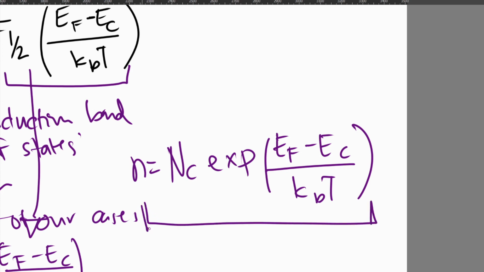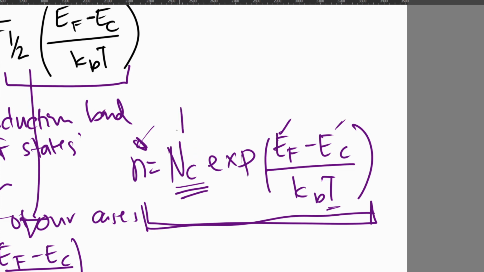Ito na siya. So kaya lang natin kinuha yung pagkahaba-haba para makuha natin itong effective density of states conduction band. Kasi mula dito, and knowing the Fermi energy and the conduction band and the temperature, we can get the concentration of electrons in our conduction band.